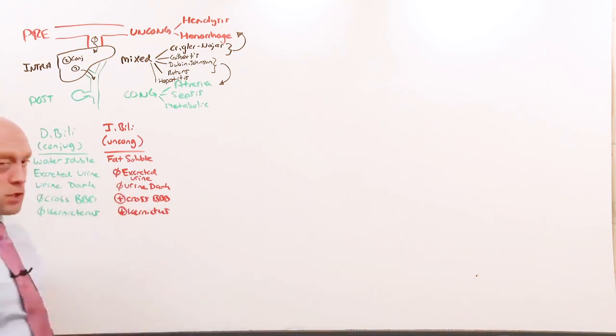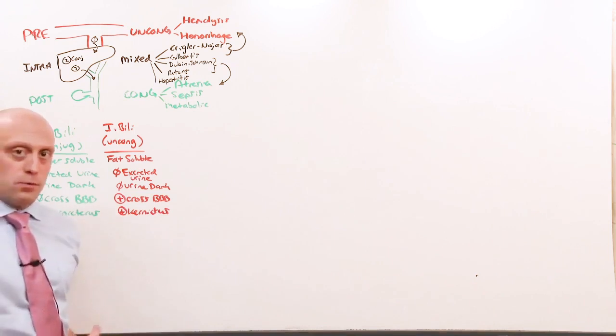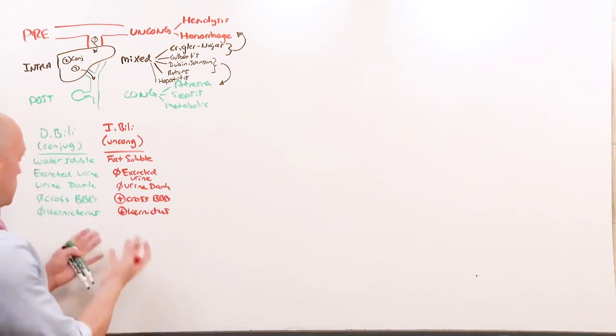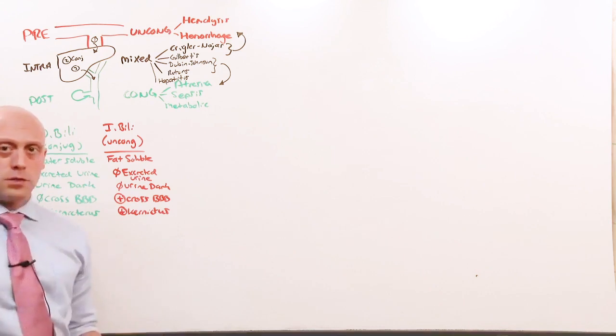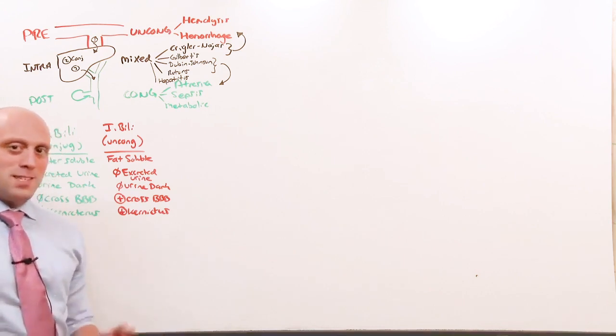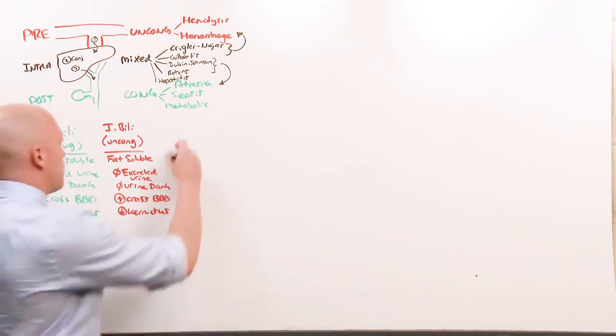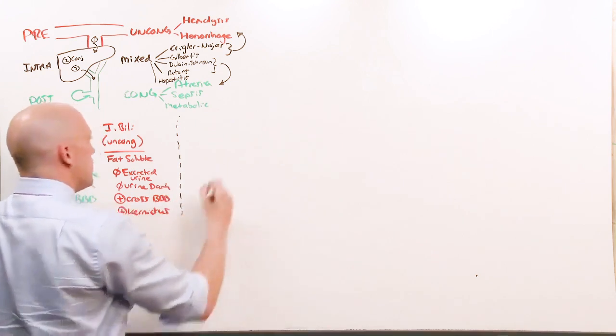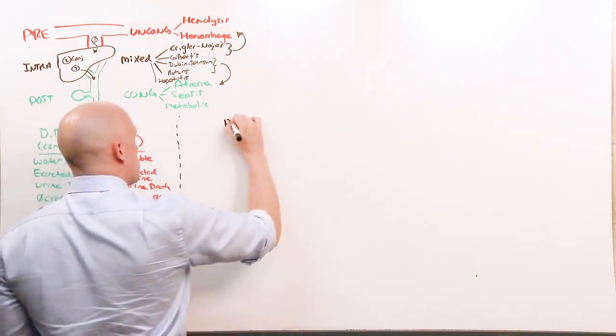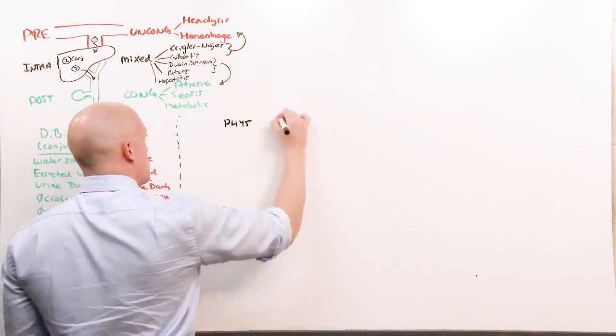Now, if you just looked at this chart, you'd say, well, conjugated bilirubin is the good one, right? Because unconjugated bilirubin causes kernicterus. Well, that's true in the sense of kernicterus, but the other way to look at this is physiologic versus pathologic.